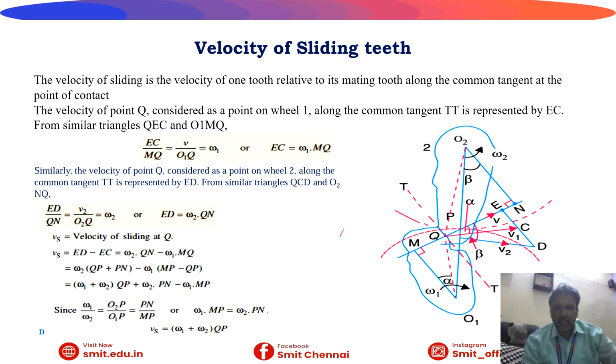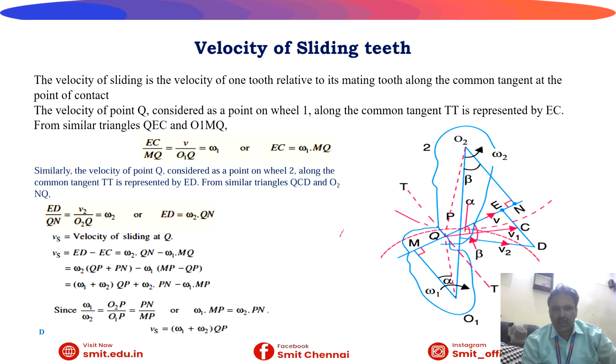Similarly, the velocity of point Q considered as a point on wheel 2 along the common tangent TT is represented by ED. From similar triangles QCD and O2NQ, ED divided by QN equal to V2 by O2Q equal to omega 2. On cross multiplication we get ED equal to omega 2 into QN.